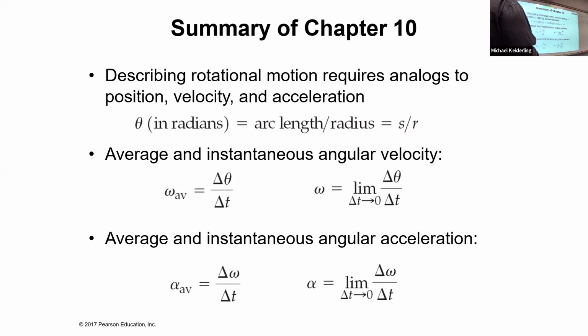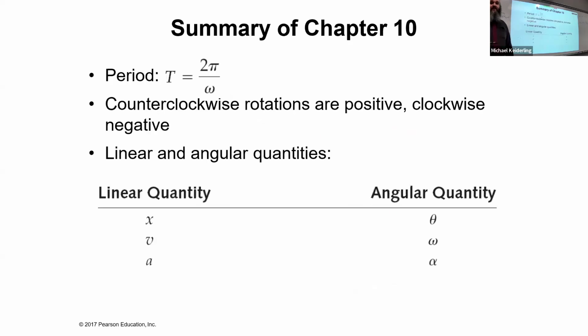Instantaneous is d omega dt. Average angular acceleration, alpha average, is delta omega over delta t. Alpha is d omega dt. Just like regular acceleration and velocity linearly.